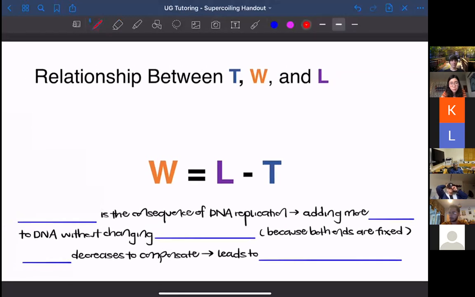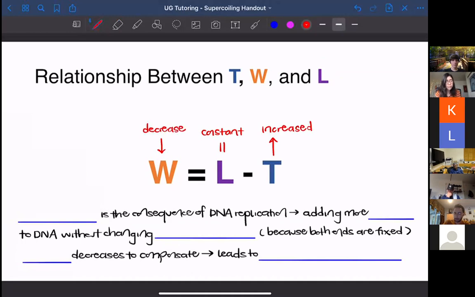So if your twist increased, your linking number has to stay constant. So the only way that could happen is if your writhe decreased. And this is actually what happens in the cell when there's DNA replication.